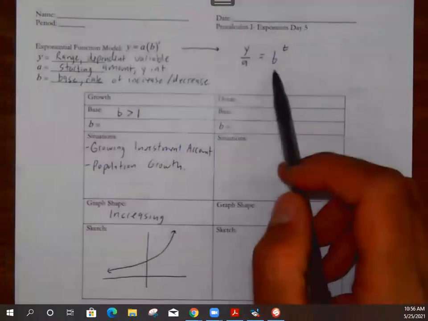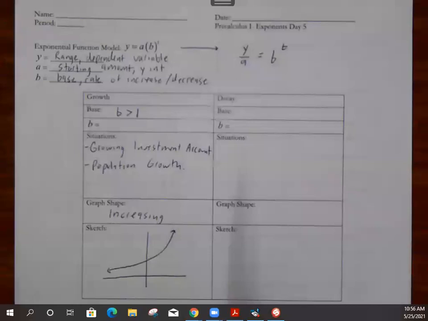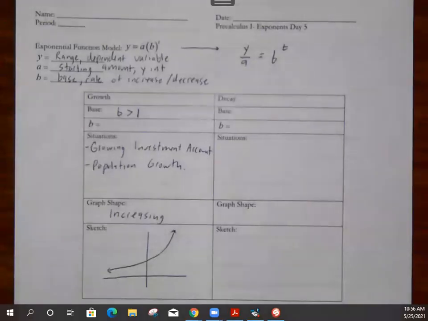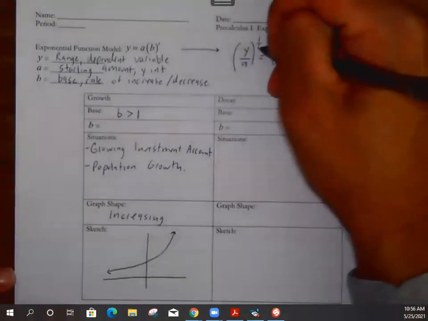Can anyone think of the operation that we would do here to get the b by itself? Awesome. Yeah, you could take the t-th root, or raise it to the 1 over t power.